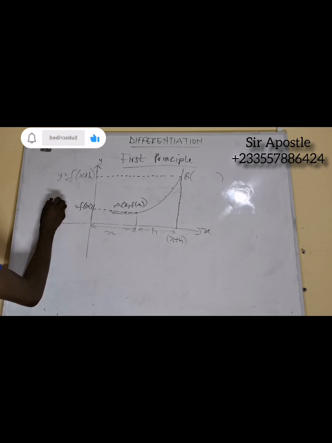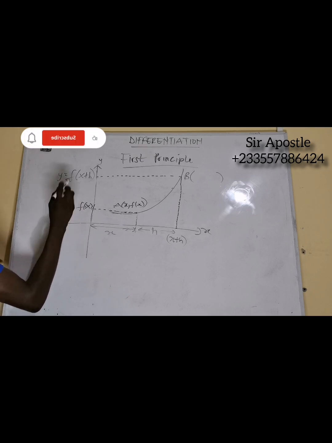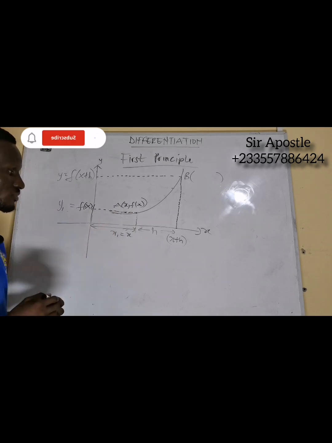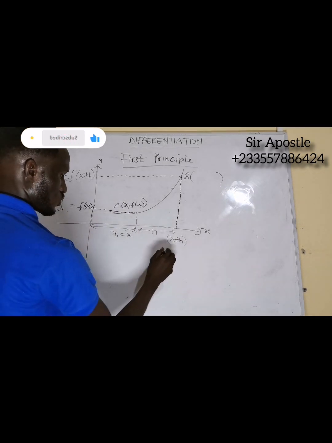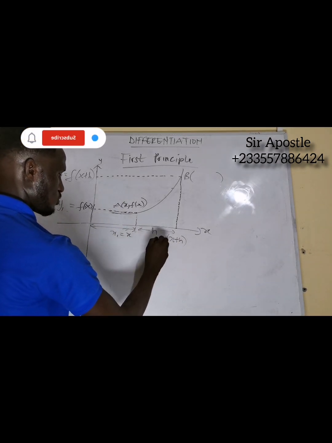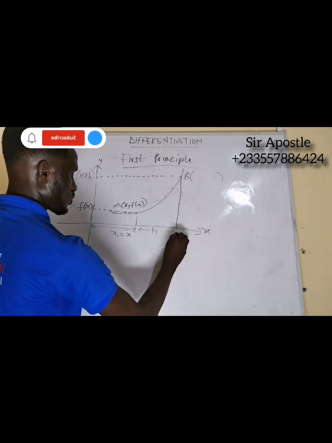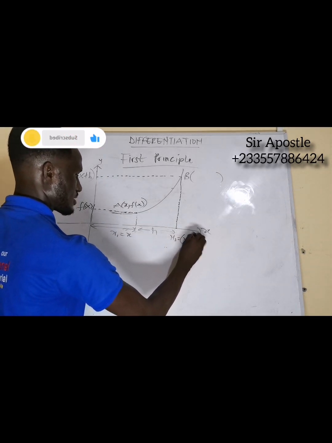Now let me label this one as my y1, which is equal to f of x. I can label here as my x1, which is equal to x. Then here will be my x2, which is equal to x plus h.